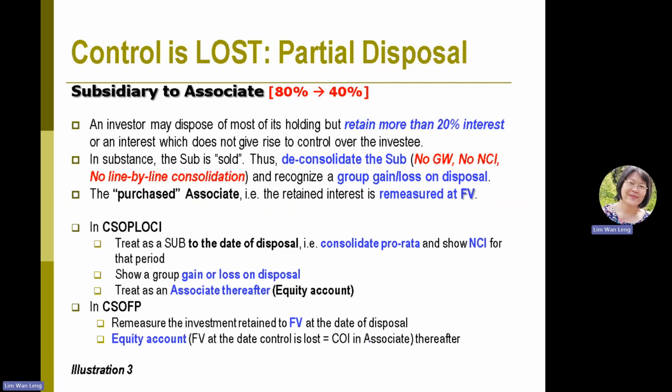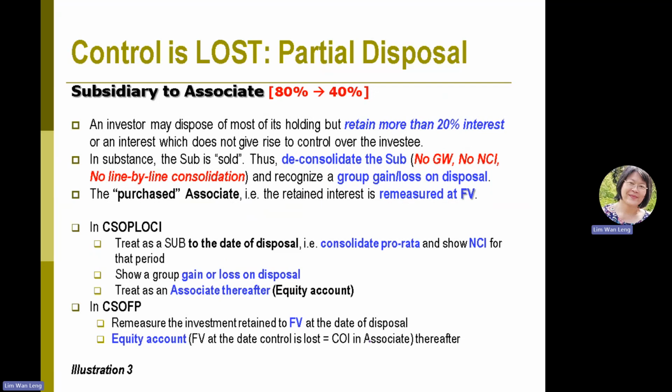The question can say they dispose of 40% shareholding in the investee, or the question may say dispose of 50% of its shareholding in the investee. But they all arrive at the same status: 80% to become 40%. Understand?